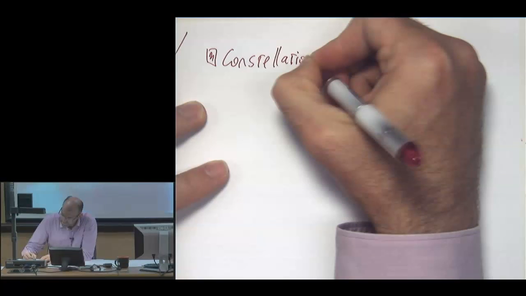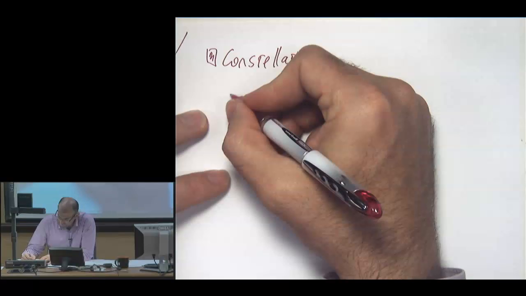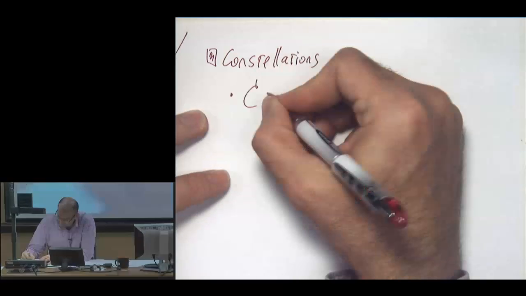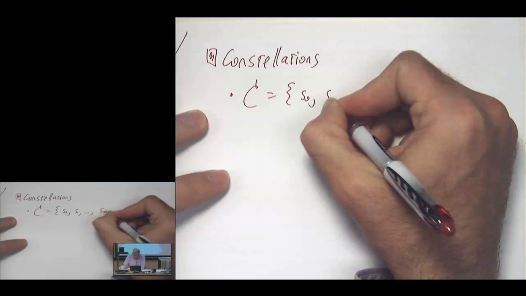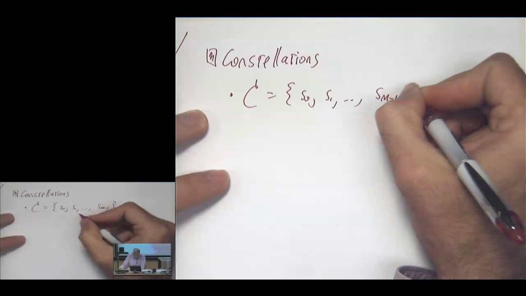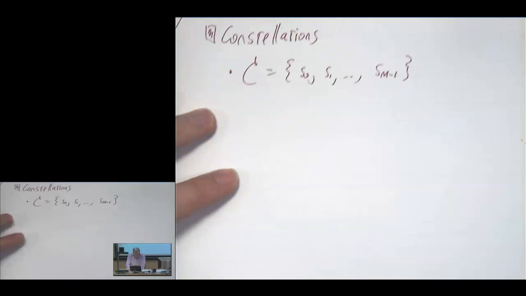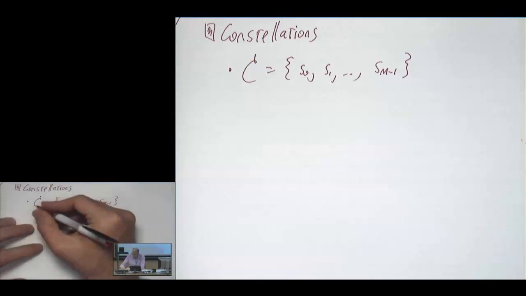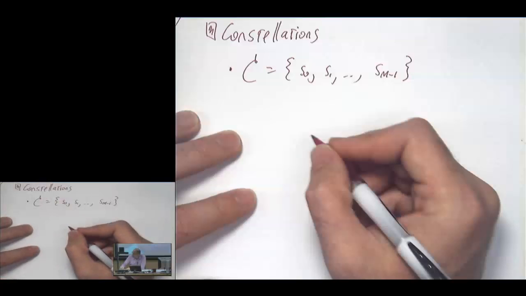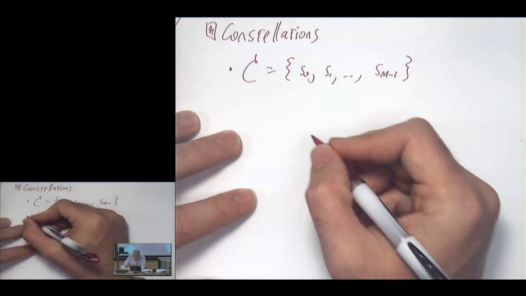So the constellation is this set here of complex numbers that are specially chosen. And we'll consider a whole lot of different special cases for this in the class.